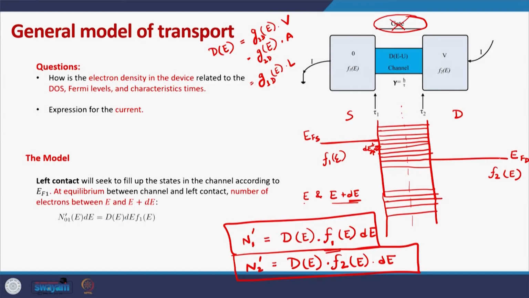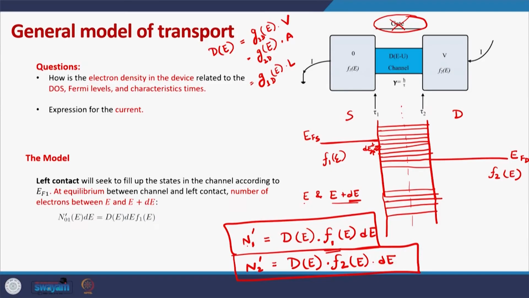So, for the electronic population in the steady state, if EFS and EFD are different levels, there will be a net flow of electrons, and the number of electrons in the channel will be somewhat lesser than N1 prime and somewhat more than N2 prime.